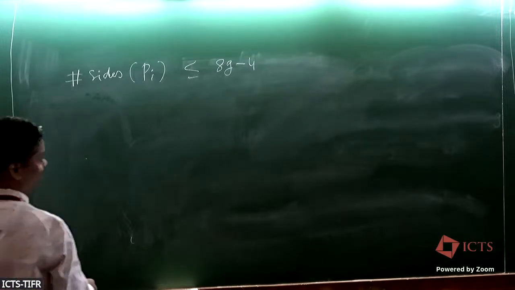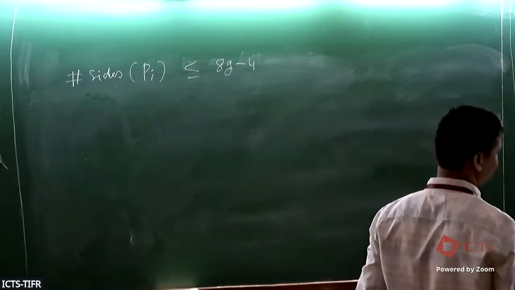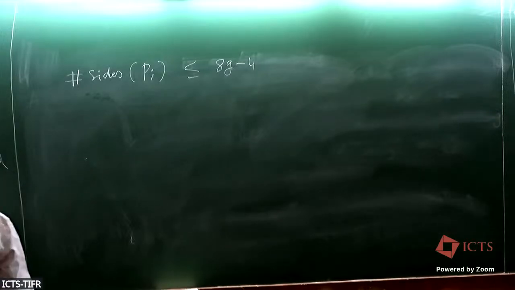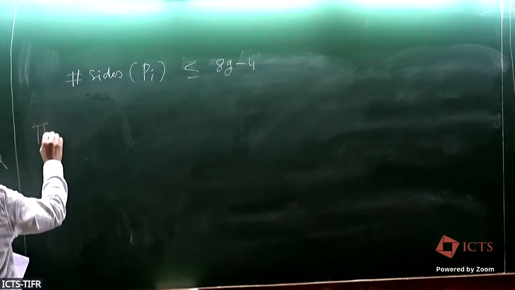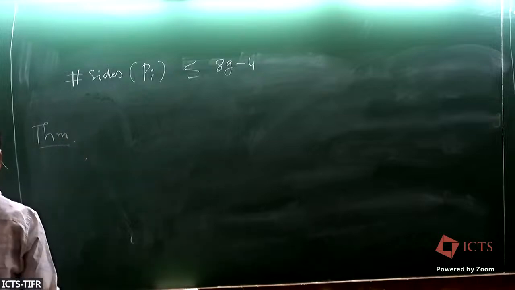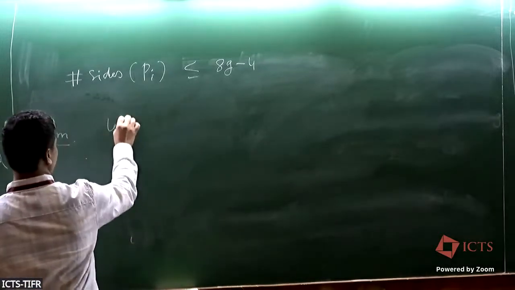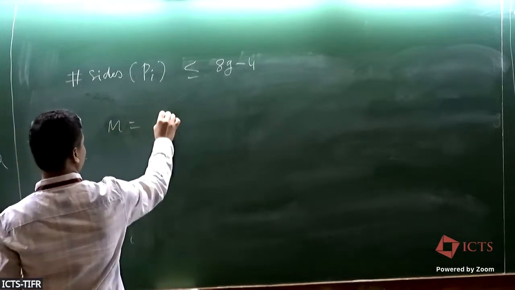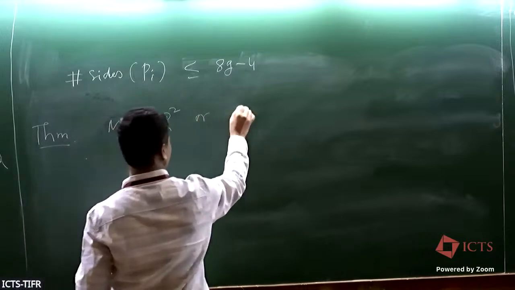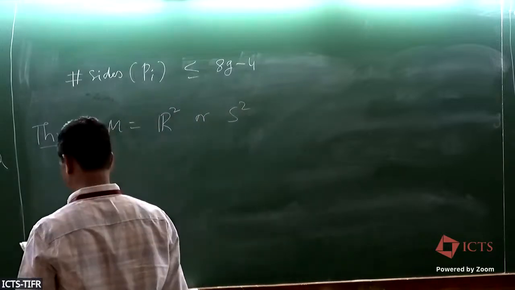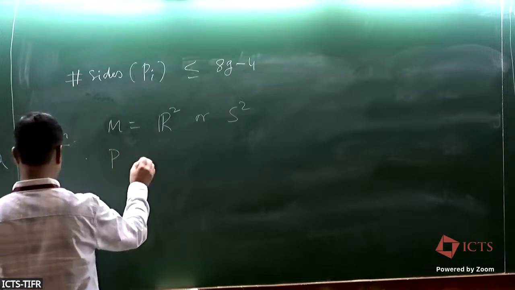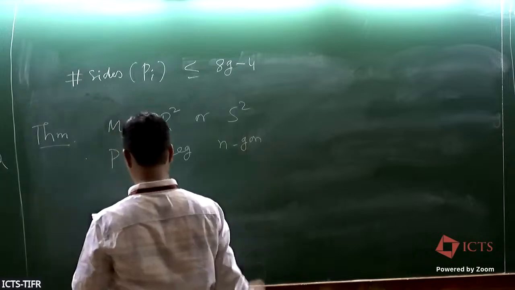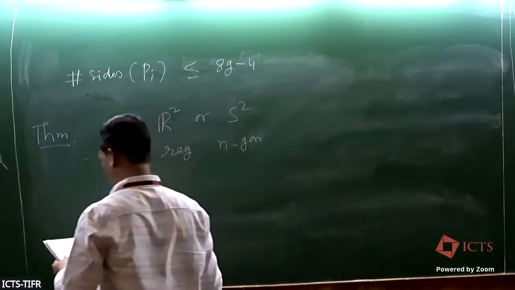Now to answer the question on isoperimetric inequality for disconnected region, we have the following theorem. This is the theorem for M equal to either R2 or sphere S2, and P a regular n-gon, n greater than or equal to 3.